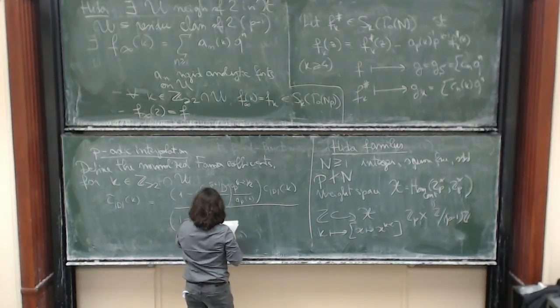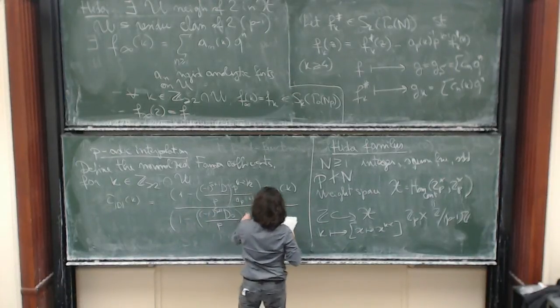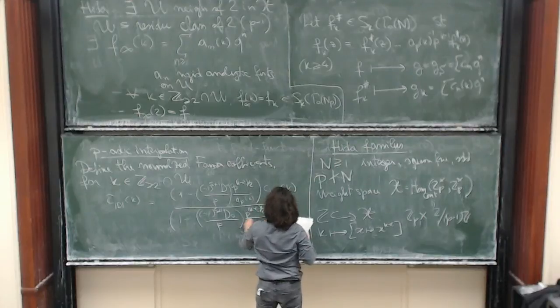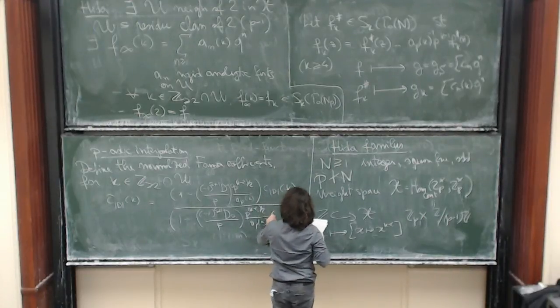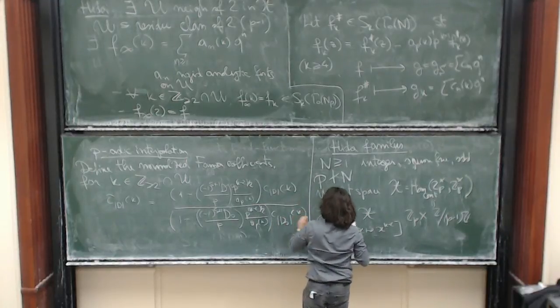So (minus 1) to the s plus 1, d0 over p, to the (k minus 2) half over a_p^k, and then c d0 k.